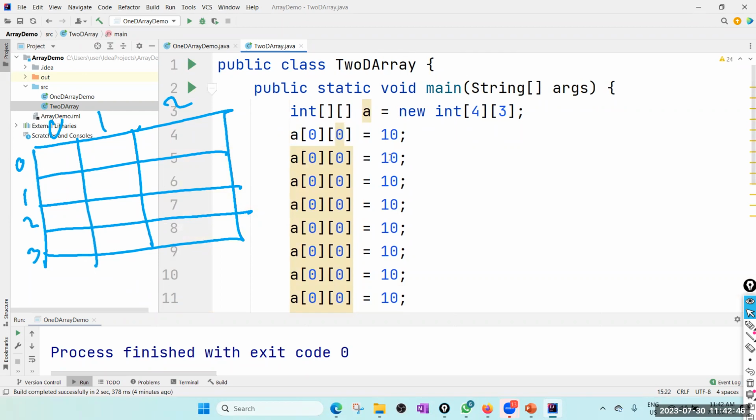So let's say 10, 11, 12, 13, or let's say 0, 1.